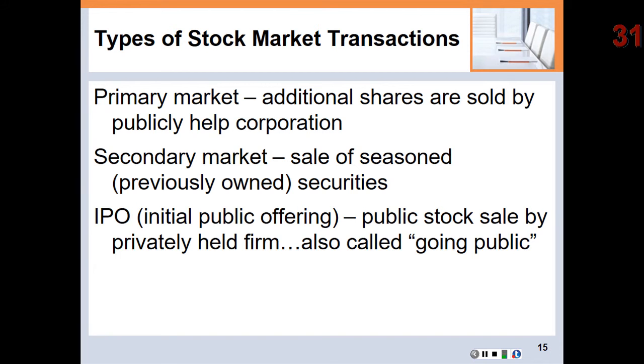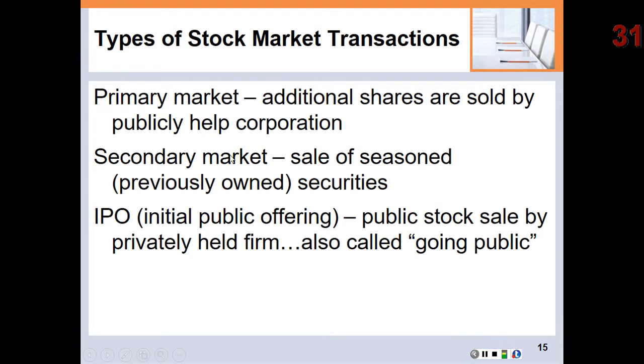Well, as I said earlier, common stock is the most expensive way to raise money. And so if you see Ford Motor Company issuing new shares of stock, what that says is the company's having financial problems. There are cheaper ways for them to raise money, but apparently they're not using those ways because they can't. And so that sends a negative signal to investors, and you're going to see it push down because of that negative signal. But that is when brand new shares are being sold, a primary market transaction.